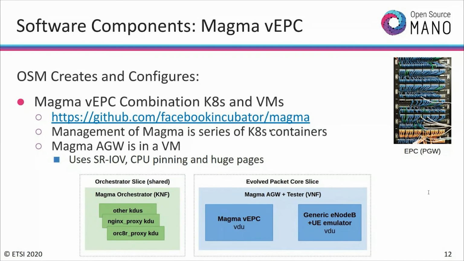So it's a clickable link that you can go and get at any time, to get more information about Magma if you desire. The management, as I mentioned, is a series of Kubernetes containers, and the access gateway is a VM. The VM can be configured to use SR-IOV, CPU pinning, huge pages, etc.